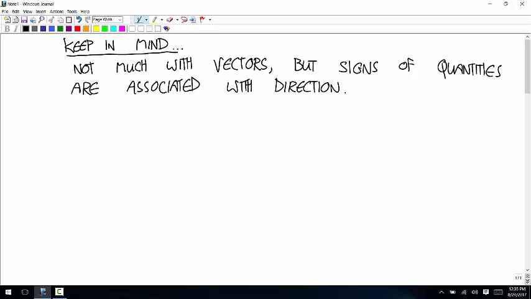And some of the sign conventions that we're going to use are going to go against what you're used to, the sign conventions you're used to from Physics 1.